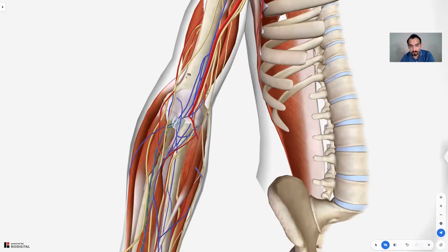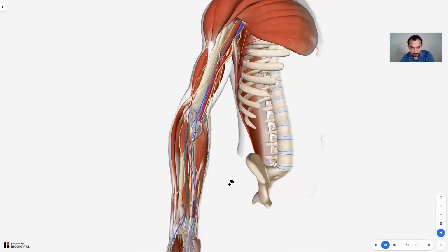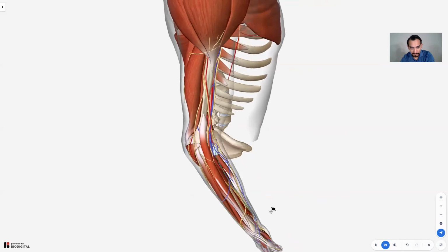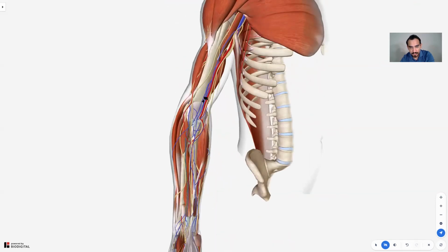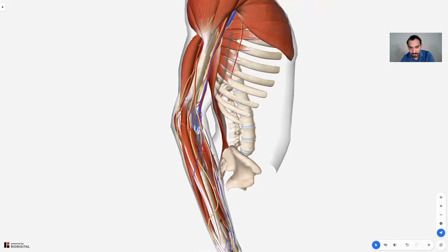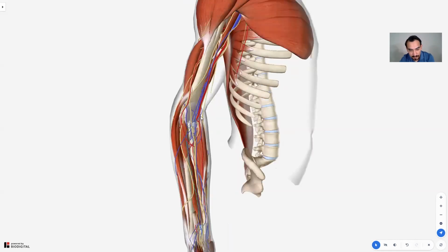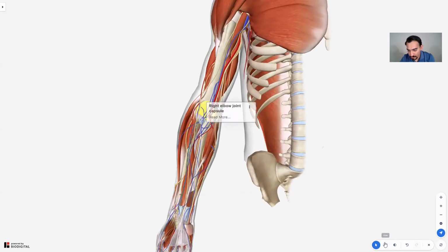All right, so what muscle is this one? If you see this distal part of the humerus, from here, slightly above the lateral epicondyle, right? Let me remove these extras.